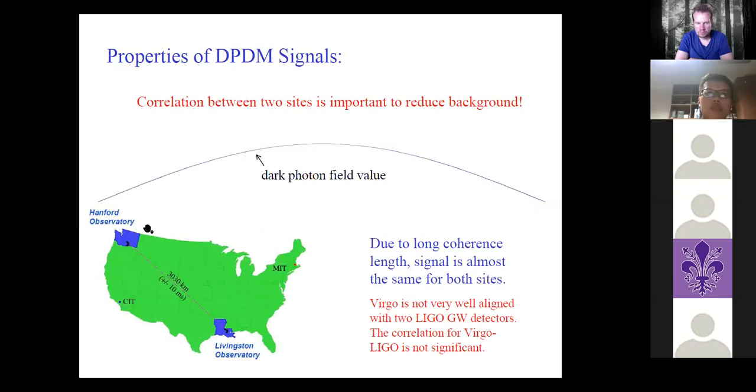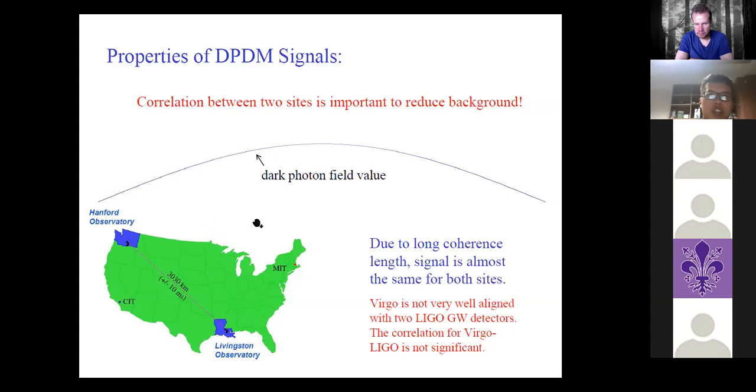As I mentioned before, LIGO is the ground-based gravitational detectors, and there are two LIGO detectors on Earth. One is in Hanford, another is in Livingston. And the distance between these two detectors is about 3,000 kilometers, which is much smaller than the coherent distance of the dark photon dark matter background field.